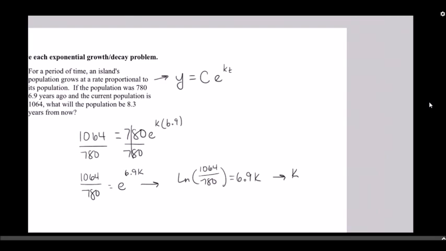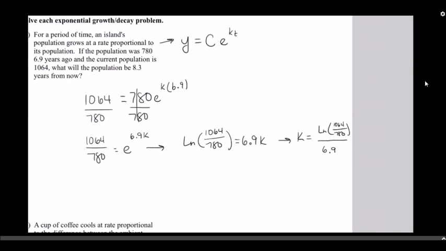This means that k equals a natural log of 1064 divided by 780, all divided by 6.9. And this is approximately 0.045.